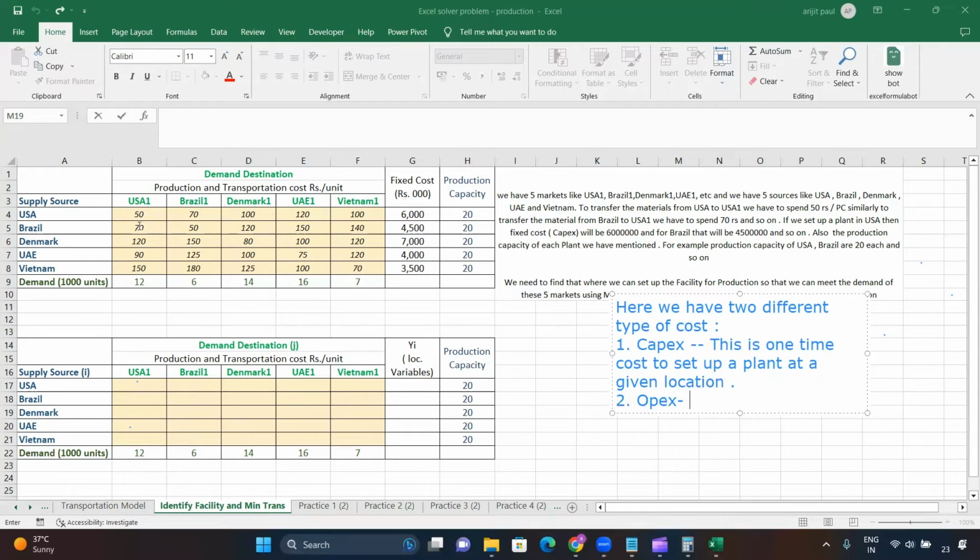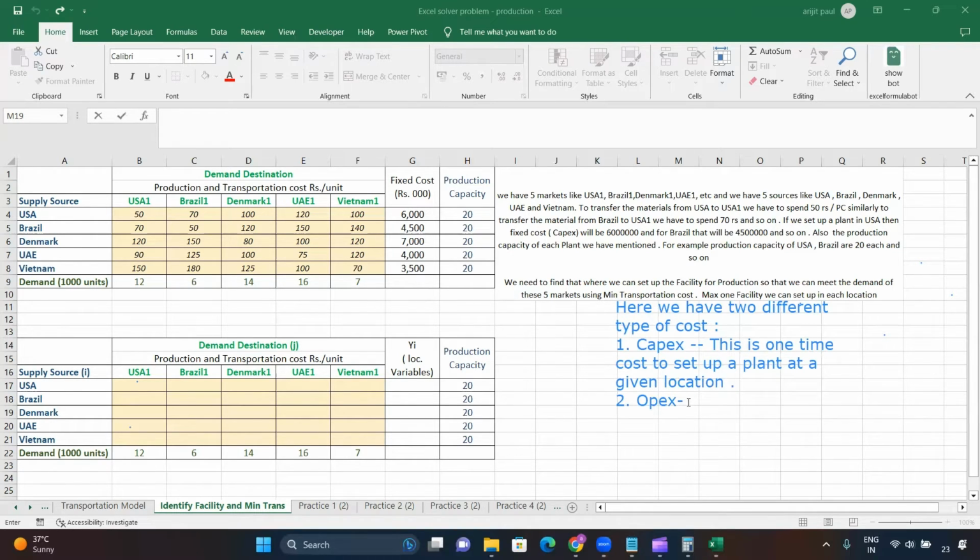Okay, so in our problem, to transport a piece of material from USA plant to USA market, we have to spend around 50 rupees. And if we want to transport the material from Brazil facility to USA market, we have to spend around 70 rupees per piece. So this becomes our OPEX.